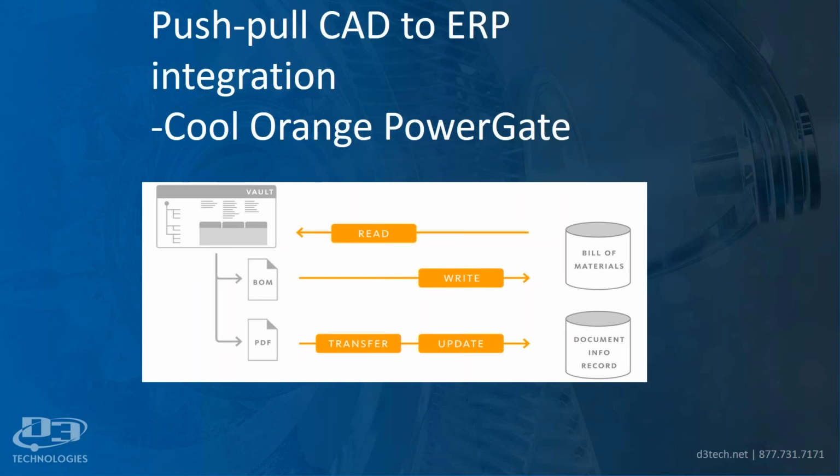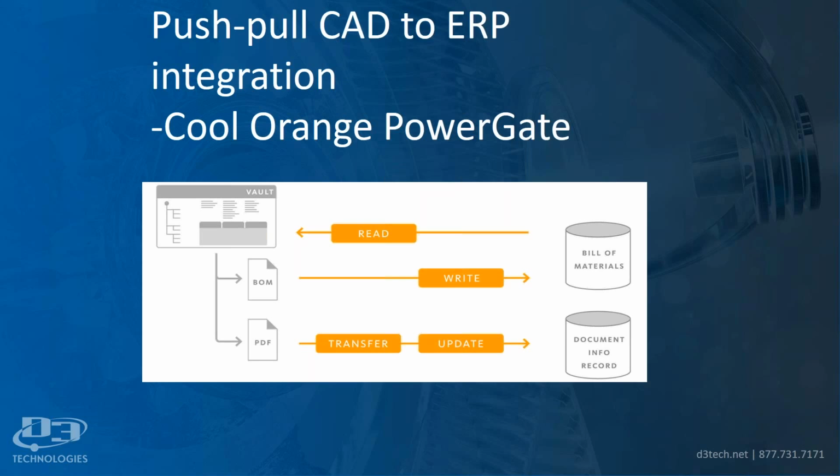So next on the agenda is CAD to ERP. Here at D3, we use a third-party application from Cool Orange called PowerGate to push and pull data from your ERP. But we could also build customized interfaces for you as well, or possibly integrate Vault and Fusion Lifecycle, which is an Autodesk PLM system.